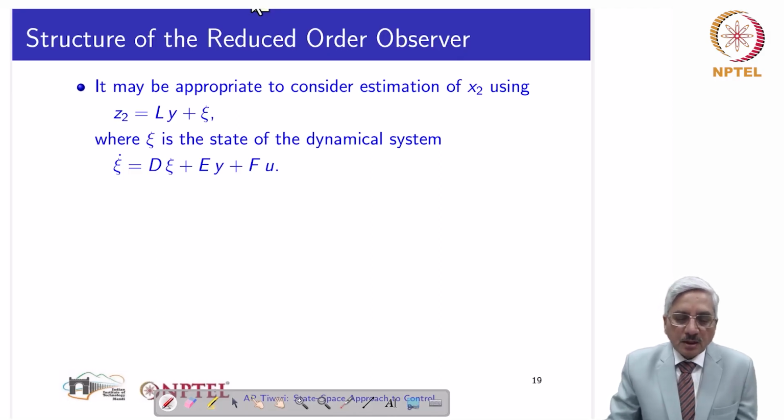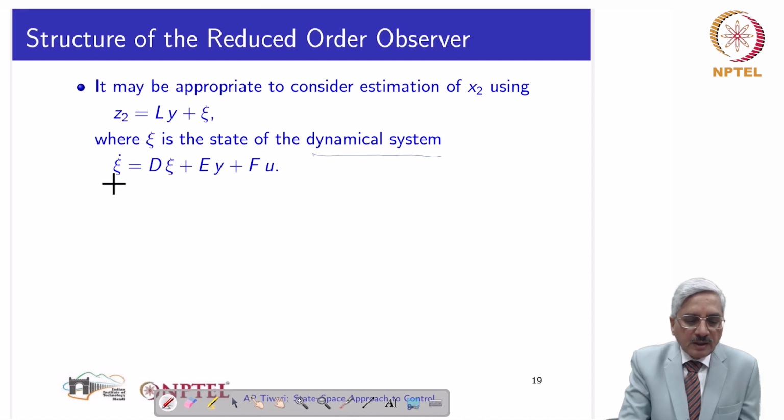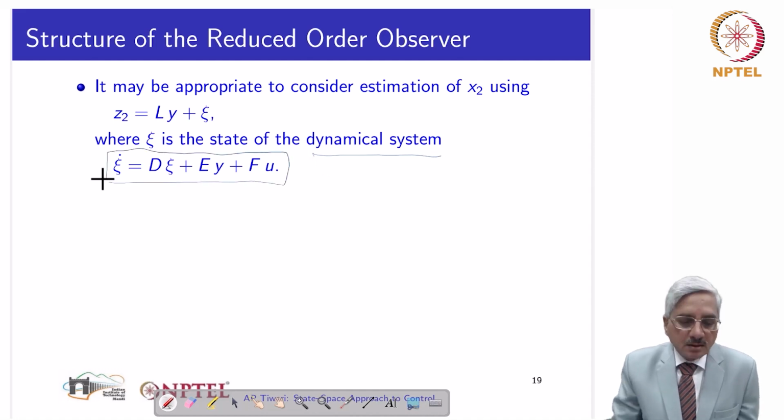The reduced order observer, like a full order observer, is also a dynamical system, and we assume its dynamics to be of this form. Xi is the state, which is of the same size as z2, so xi is of size n2.